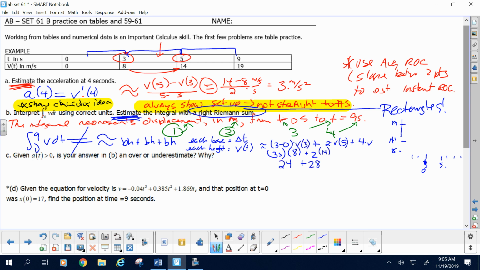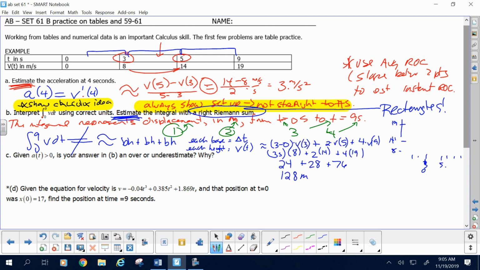And V at 9 is 19. So that's 4 seconds at roughly 19 meters per second. That is 76 meters. 24 and 76 is delightful. That's 100 plus the 28 is 128 meters. You change position by roughly 128 meters.